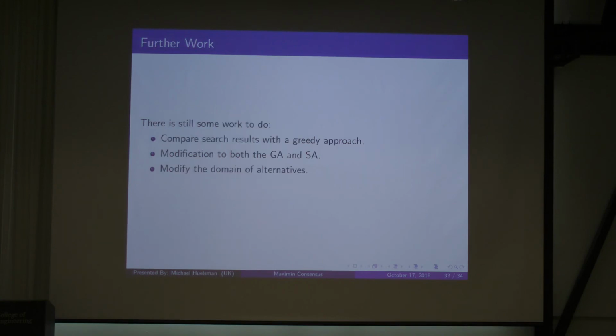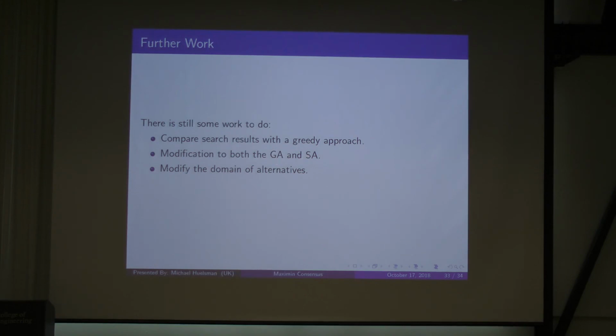And of course, we still have some further work to do. We're looking into whether we can invent a greedy approach that will give us a good approximation, right? Is there an algorithm that runs in polynomial time that will just blow the genetic algorithm and simulated annealing out of the water, or at least give us a close enough approximation to optimal that we don't need to bother with heuristic search?